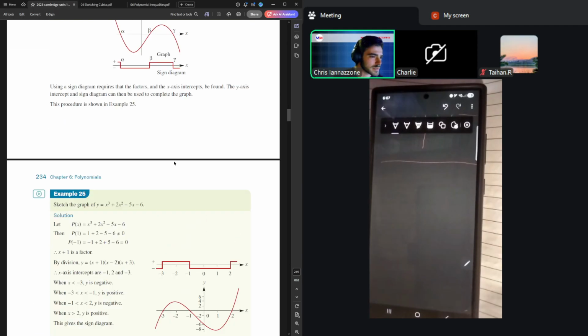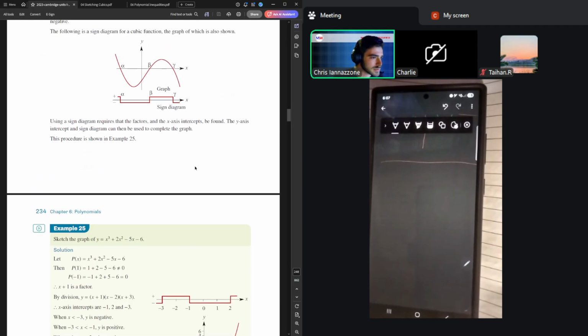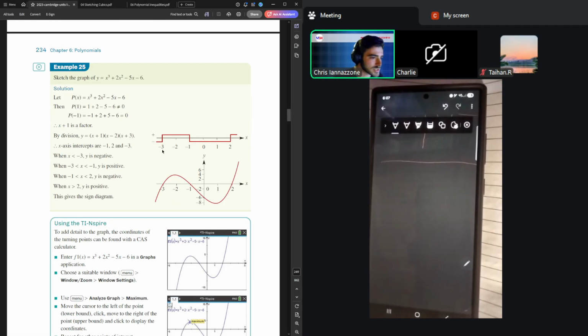Oh, by the way, when you get into this, your teacher or the book might teach it in terms of sign diagrams. I don't know why they do this. Their idea there is you literally solve individual x and y pairs and then get your curve. It's such a waste of time. You can see how they're just testing the values and seeing, oh, is it positive, is it negative? Actually no, this is factorization, sorry.